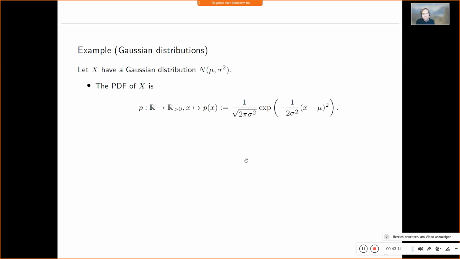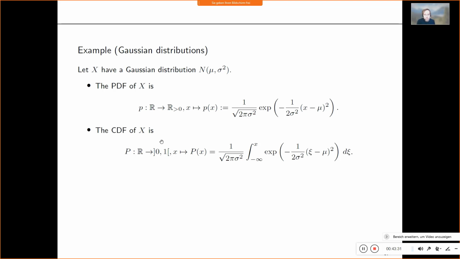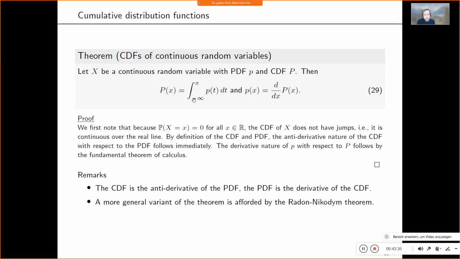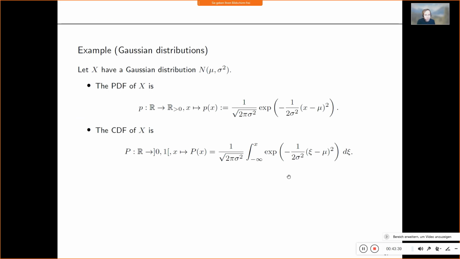So let's have a look at how the CDF of a famous PDF looks. Let's assume we have a Gaussian distribution. So we have a PDF of x that is given by the Gaussian PDF that we've seen already. Now, if we want to evaluate the CDF, we just learned that we need to form the integral from -infinity to x of this PDF, and this is what we write here.